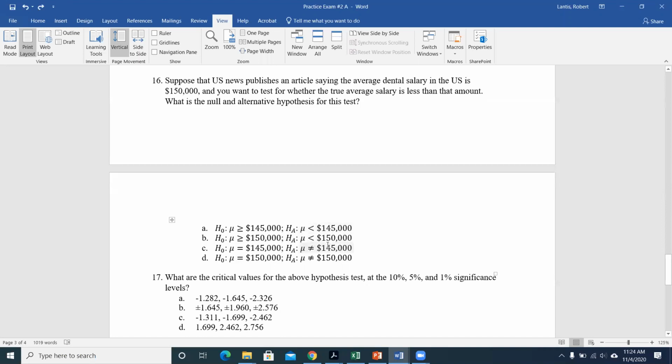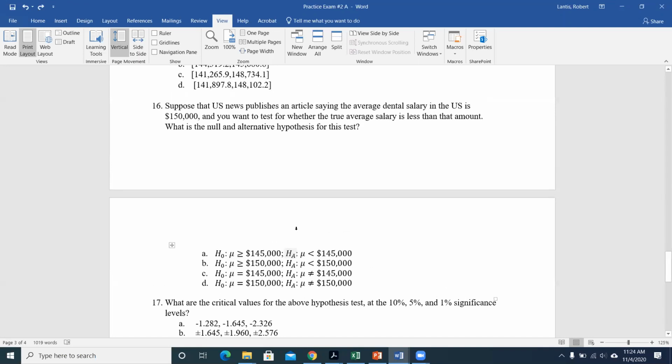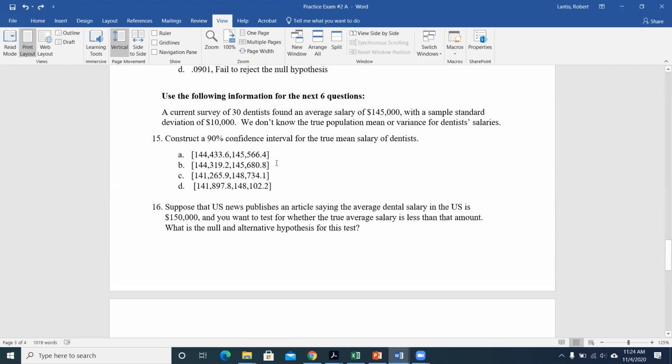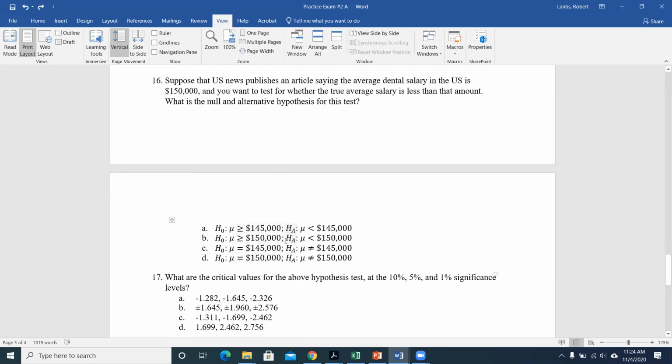Now you'll notice some of these answers have the sample mean in there. You don't want to use the sample mean in your null and alternative hypothesis. I guess technically you could, but if what you assumed to be true was exactly what you found from your sample, it seems like you went back and changed it after the fact. Anytime you see the sample mean, it should not be showing up in your null and alternative hypothesis.